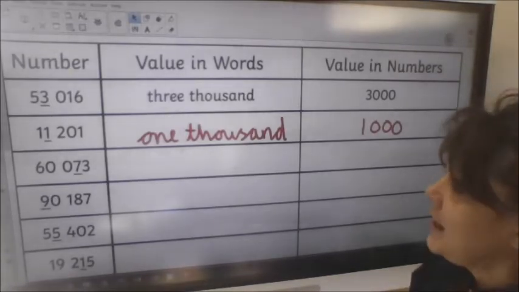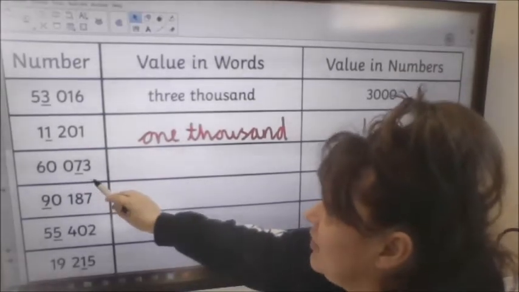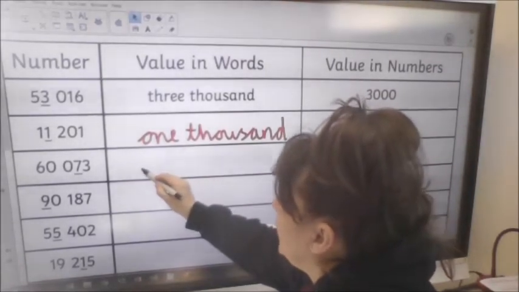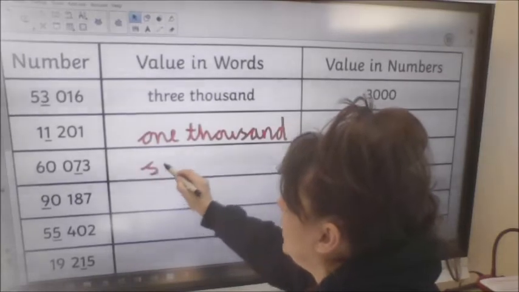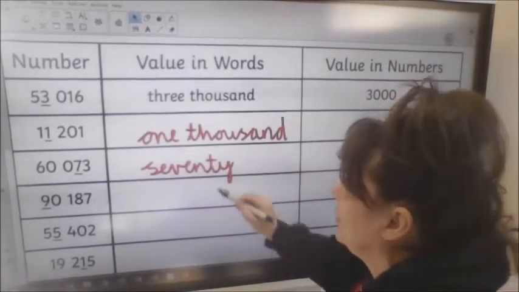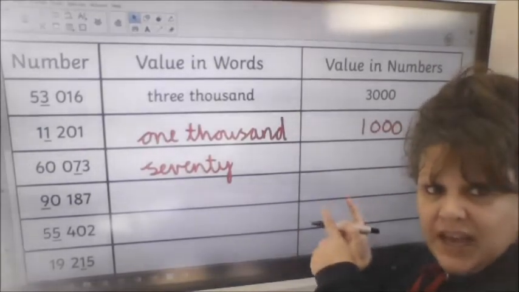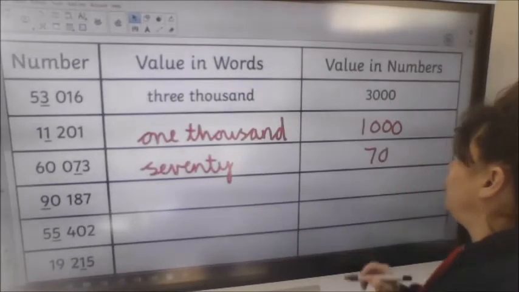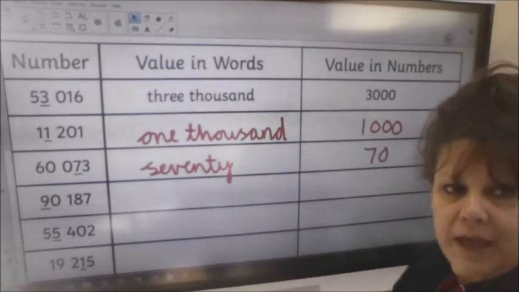Okay. Then we've got 60,073. So you should have spotted that that is 70, or you could have put 7 tens. 70 or 7 tens would do. And we'd write that in numeral form like that. Okay.